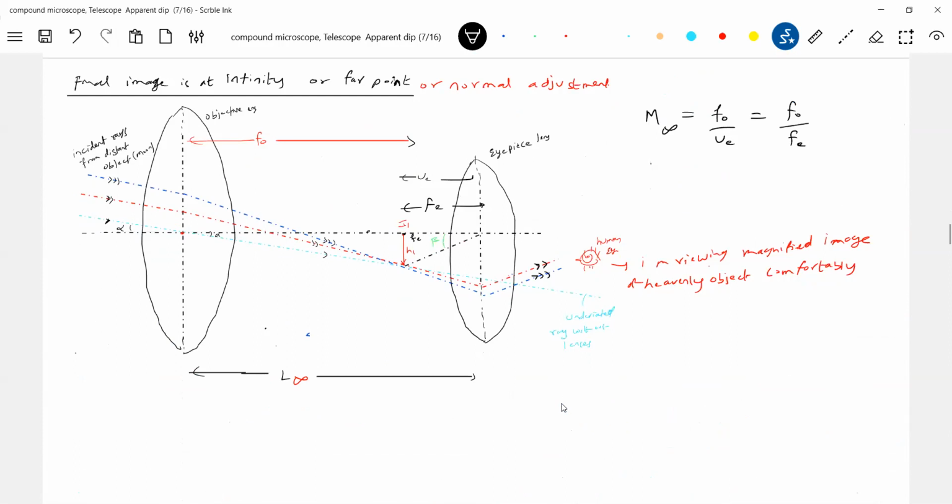Means this is something in books, they're given another diagram. They're given a diagram like this. This is the objective, there's the eyepiece, and the rays are coming from the distant object.